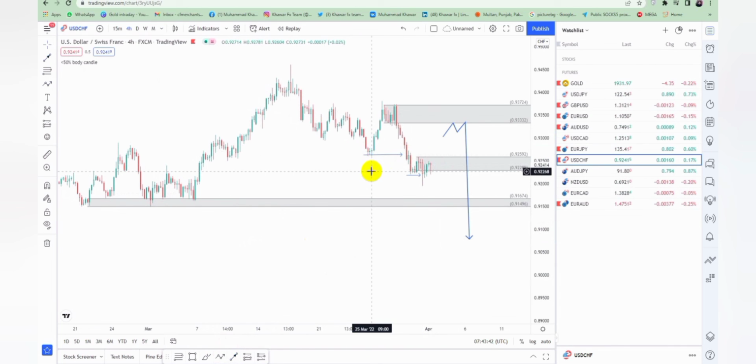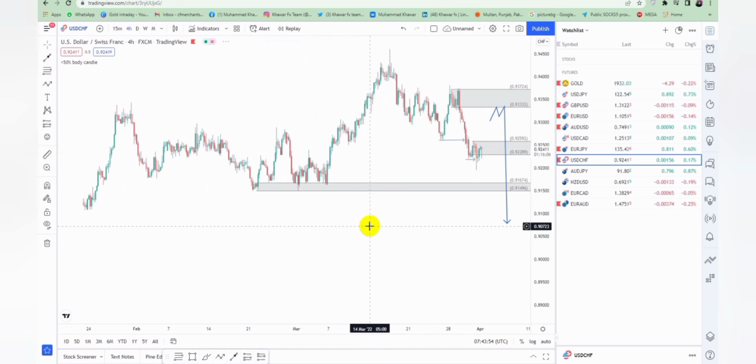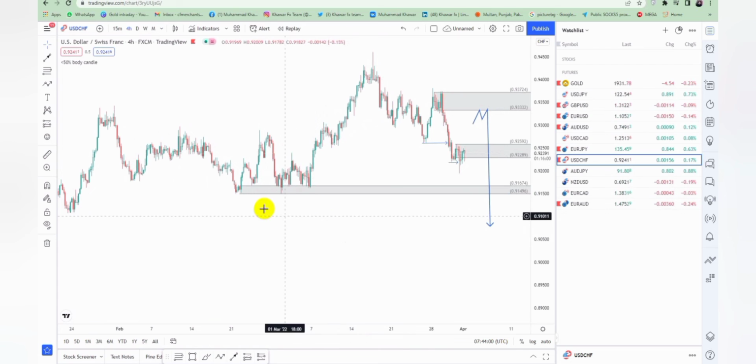So I hope the market will break and return from this point to this, and the breaker available is that, you are seeing this, and the minor breaker is that. So this is the swing breaker, and the decision point is that, and the market can return back from that.